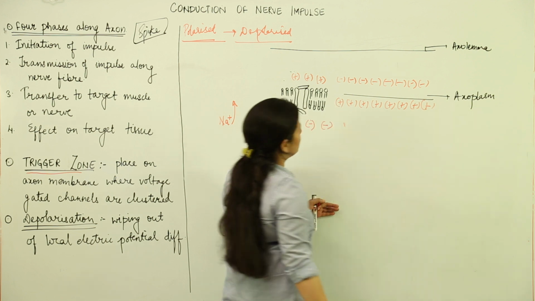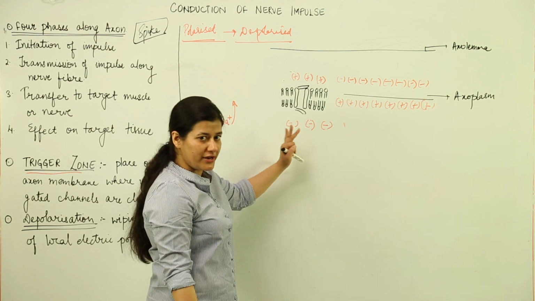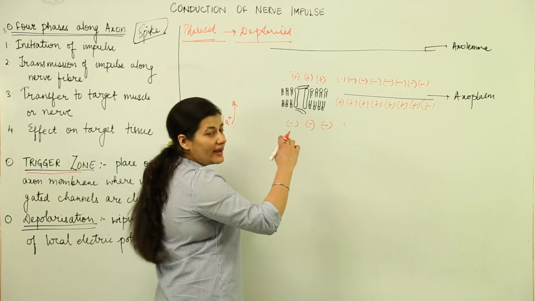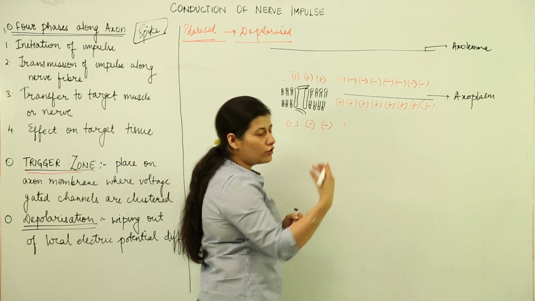When this part has occurred, that is, more sodium has gone inside and potassium is present inside, because the polarity has changed, in the next moment the sodium inflow would stop and in fact the potassium outflow would begin.